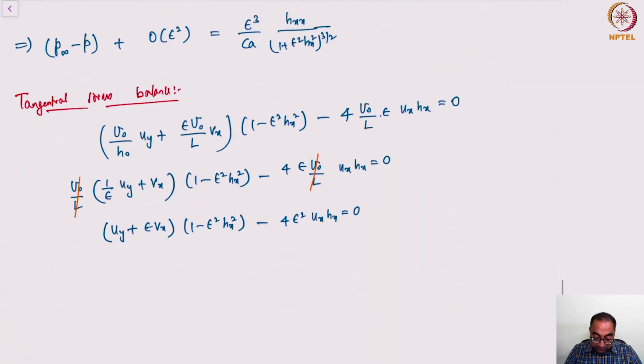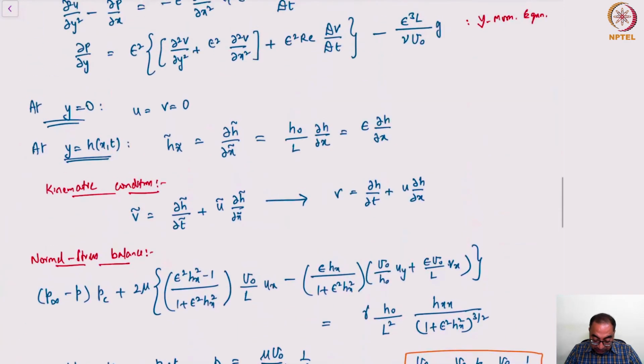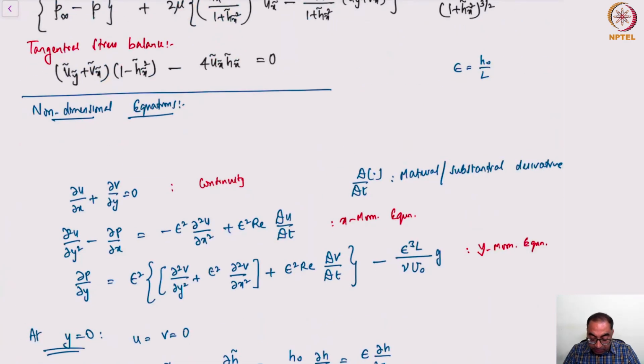Now if you notice all these equations, so for example, these are the non-dimensional momentum equations. If you notice, I have grouped them into two parts. On the left hand side, we have the leading order or the order 1 terms, that is terms which do not have an epsilon.